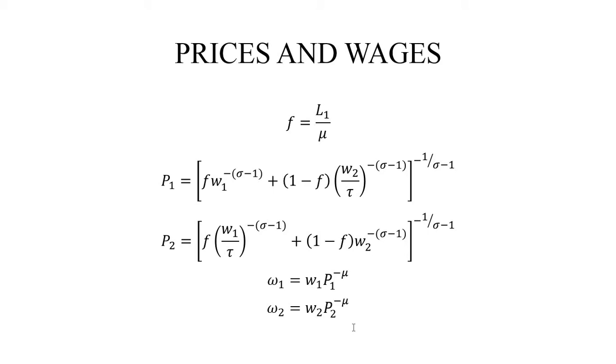So subsequently this affects the nominal wage and the share of expenditure which is wasted due to the transportation costs. And as you remember, tau was inserted into this model in order to define the proportion of product which arrives in the other region.